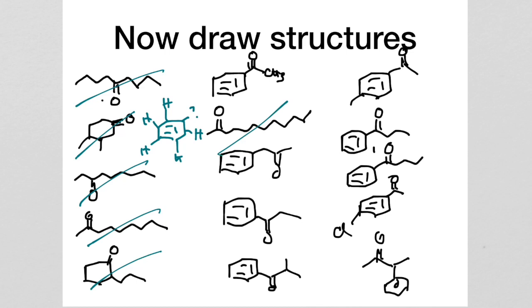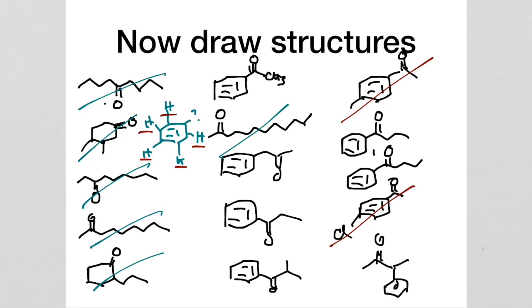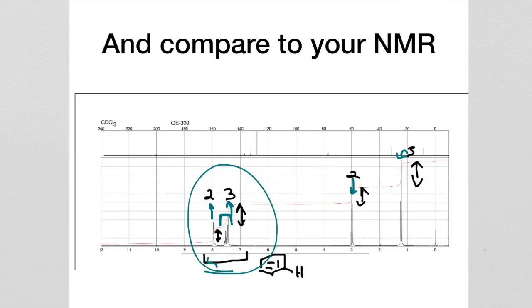And more to the point, I can cross out any molecule that has an aromatic ring, but that aromatic ring doesn't have 5 protons on it. Once I've done that, I've eliminated quite a few molecules, and now I only need to think about which one of these 7 molecules matches my NMR really well.